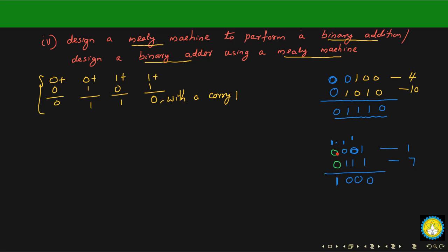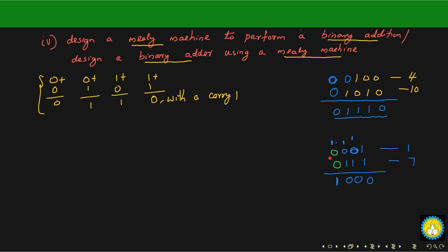In this case we have a carry 1, so even though our input is 0, 0, remember these 0, 0s were added intentionally. We are guaranteed that the last input is always going to be 0, 0. So if you get a 0, 0 along with the carry, you have to generate a 1 as an output. And if the input is 0, 0 and there is no carry, then you can very easily generate a 0. So that's the idea that we are going to look into.